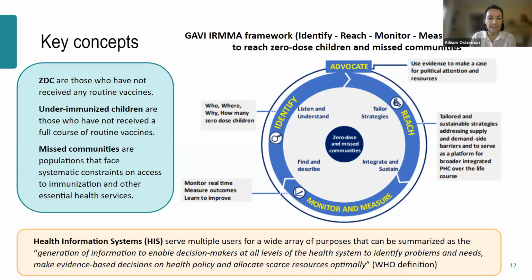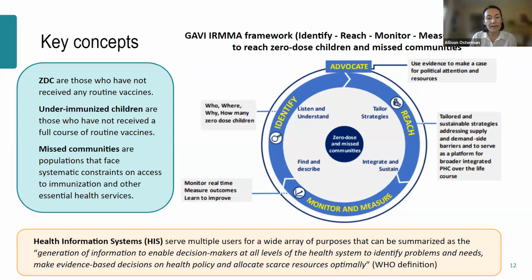And then also mixed communities are defined as geographies that have clusters of zero-dose and under-immunized children. They are also more likely to have populations that face constraints and barriers to accessing health services.